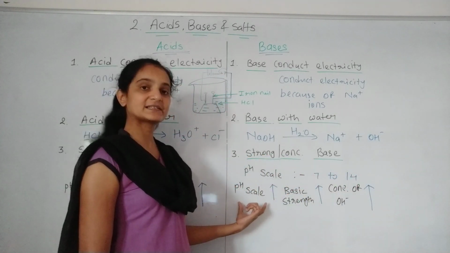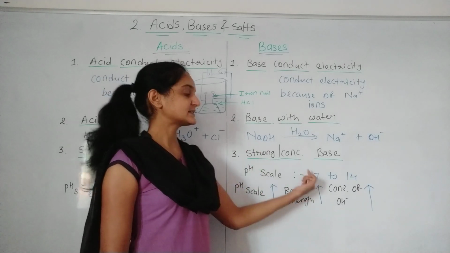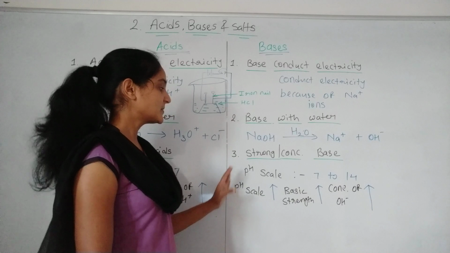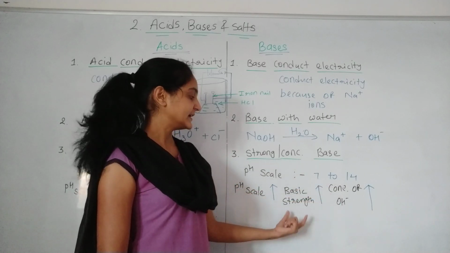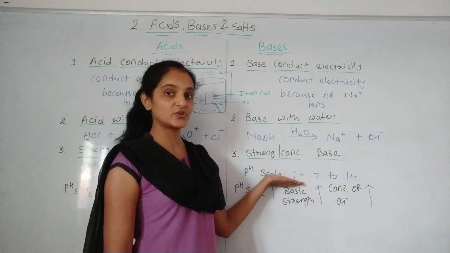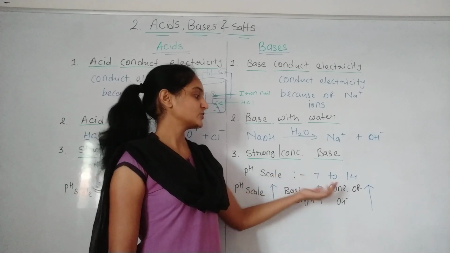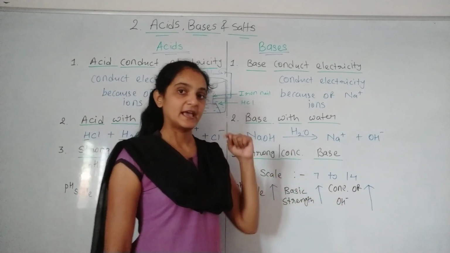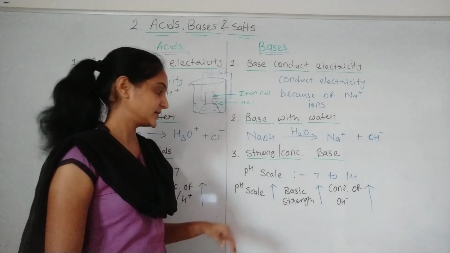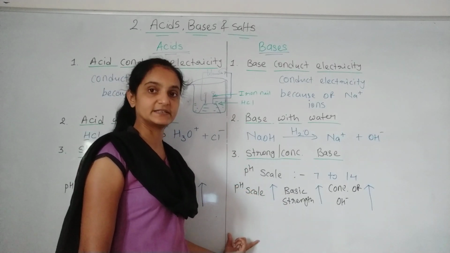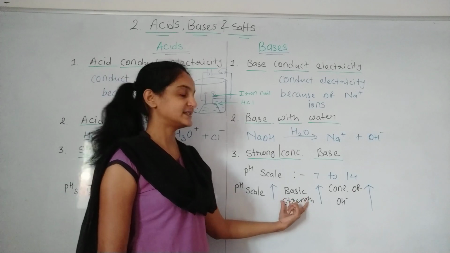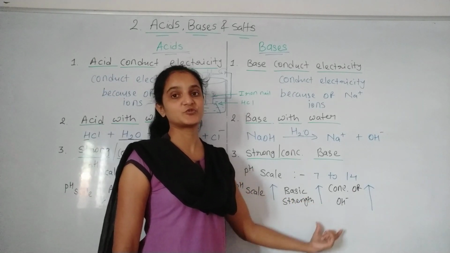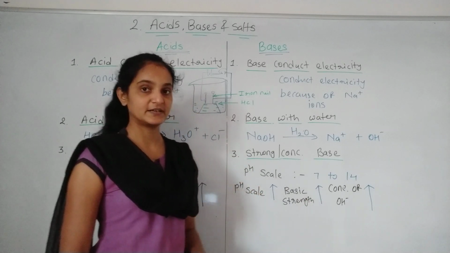If the pH increases, it means 7, then 8, 9, 10, etc. So if the pH is increasing, basic strength is also increasing. Why? Because the concentration of OH minus increases. Exactly the same way, opposite to that, if the pH is decreasing, then basic strength is also decreasing because the concentration of OH minus is also decreasing, right?